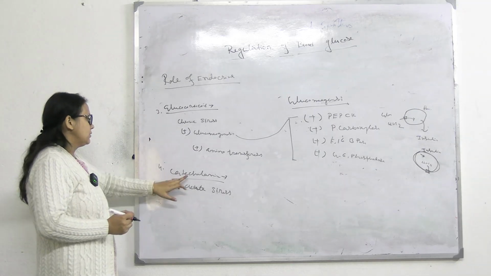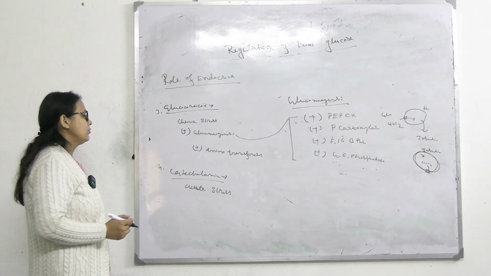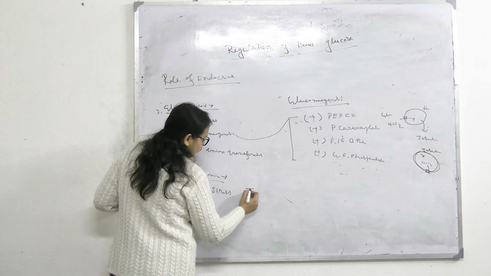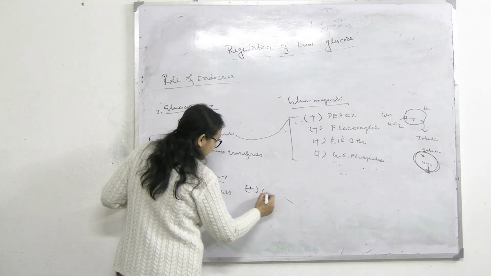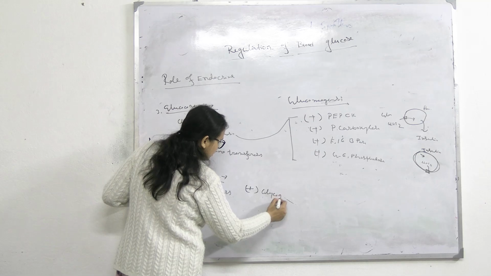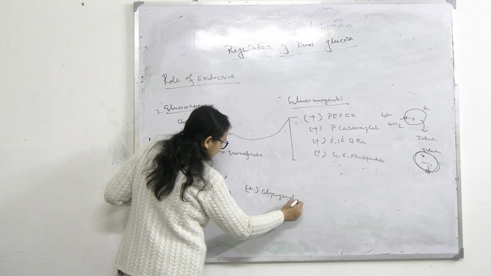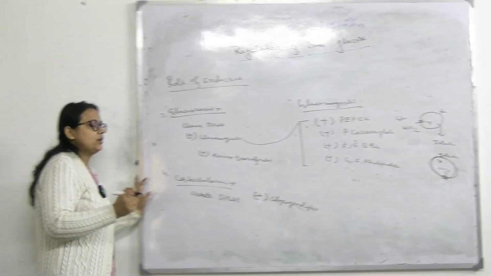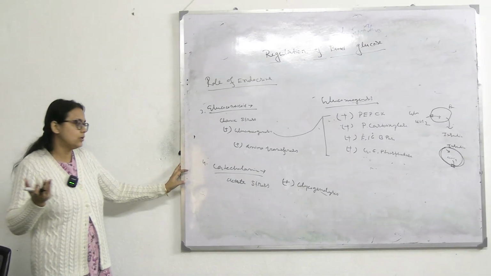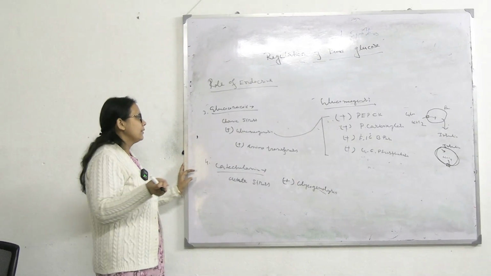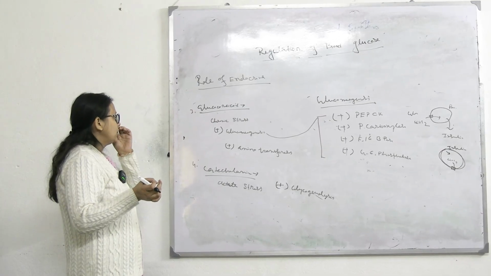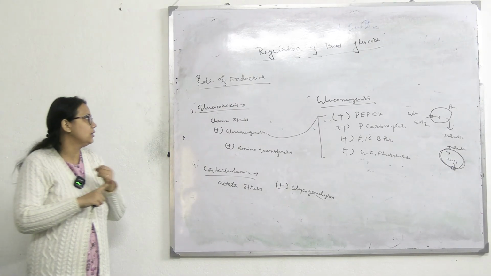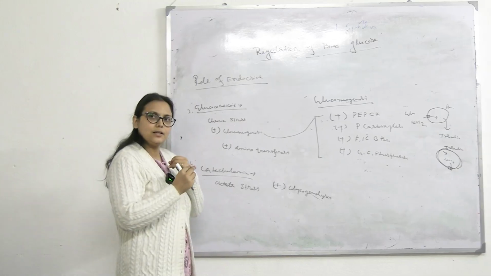It acts mainly by activating glycogenolysis, so breakdown of glycogen will give rise to glucose. So we have completed the 4 hormones: glucagon, insulin, glucocorticoid and catecholamine.